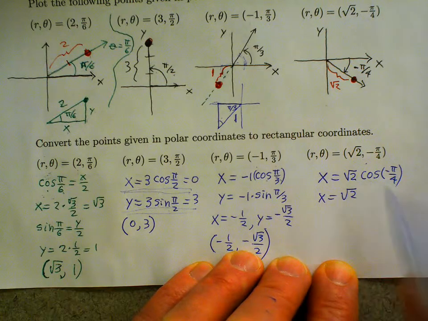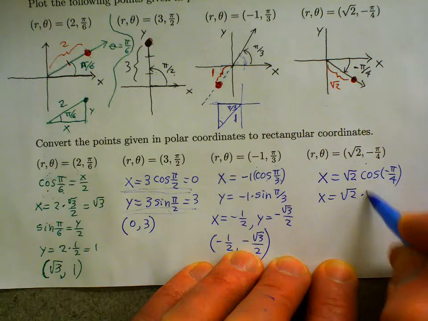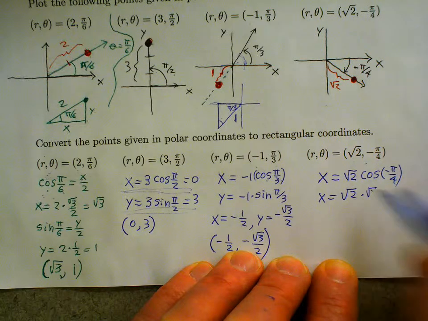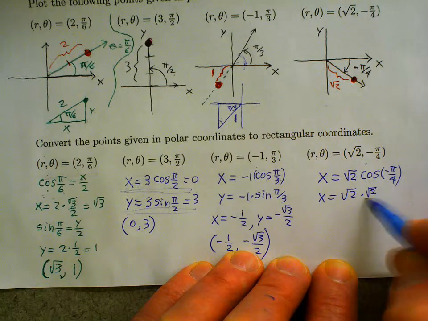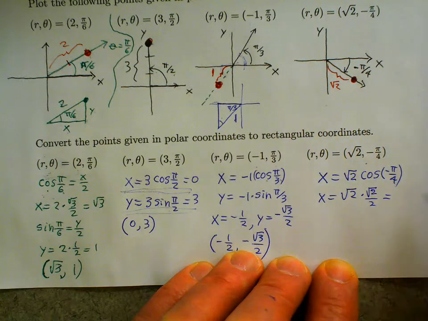And the cosine of pi over 4 is square root of 2 over 2. So we just get an x-coordinate of 1 in this case.